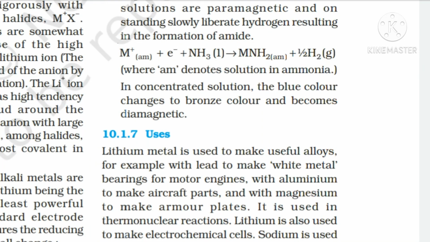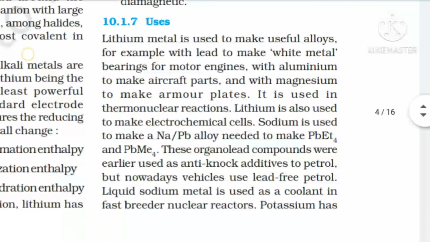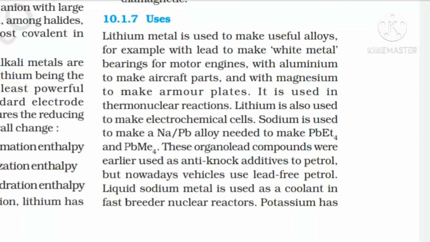Uses: lithium metal is useful to make alloys, for example with lead to make white metal bearings for motor engines, with aluminium to make aircraft parts, and with magnesium to make armor plates. It is used in thermonuclear reactions.